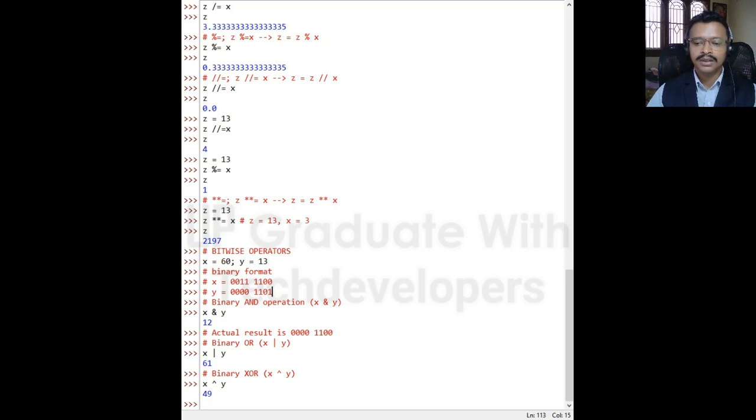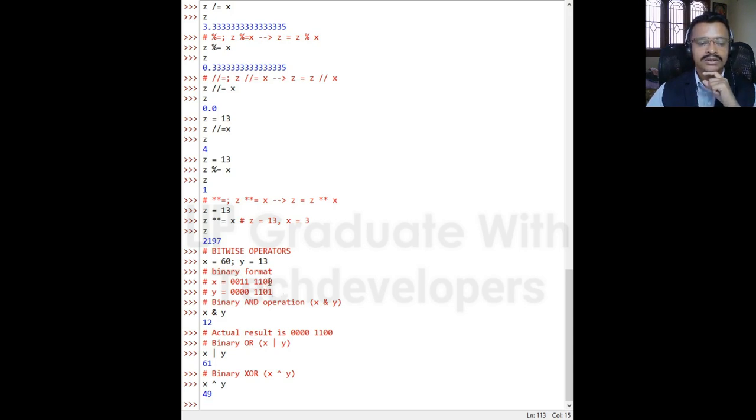It copies the bit if it is set in one operand but not both. Means the true value should exist in either one of the operands. Here the true value will be treated as 1 and the false value as 0. Okay.